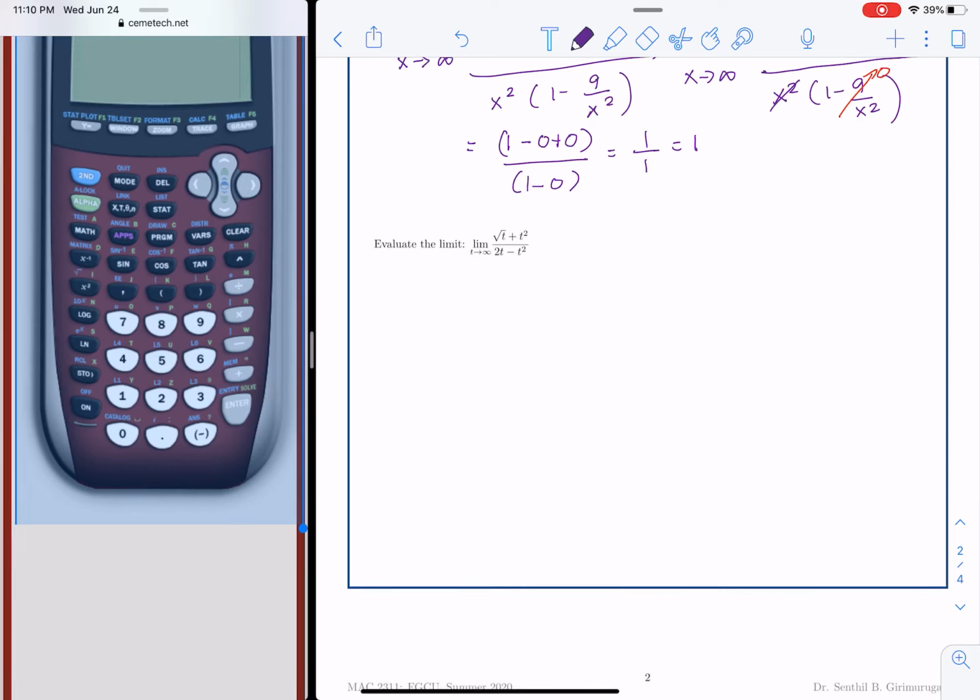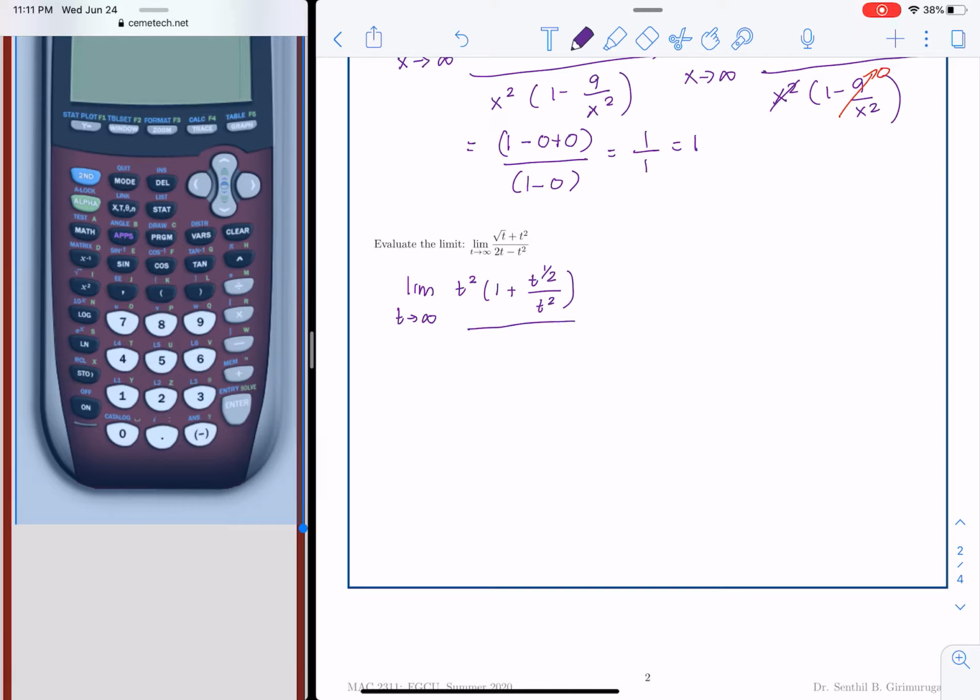So we want to evaluate the limit as t approaches infinity of square root of t plus t squared divided by 2t minus t squared. So I have a common factor of t squared. We can't use the trick that we used in the previous problem. Have 1 plus square root of t, which is simply t raised 1 over 2, divided by t squared.